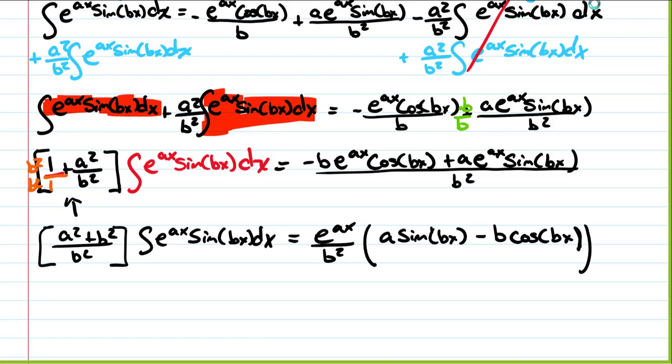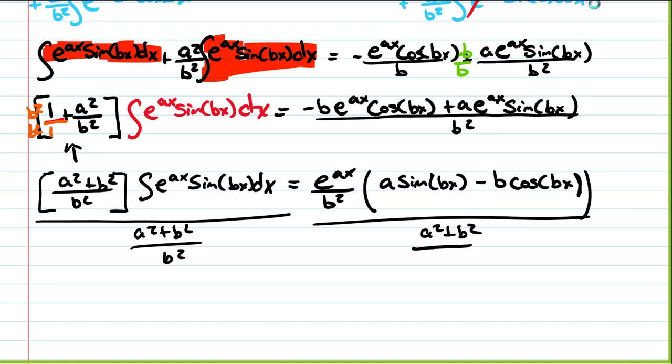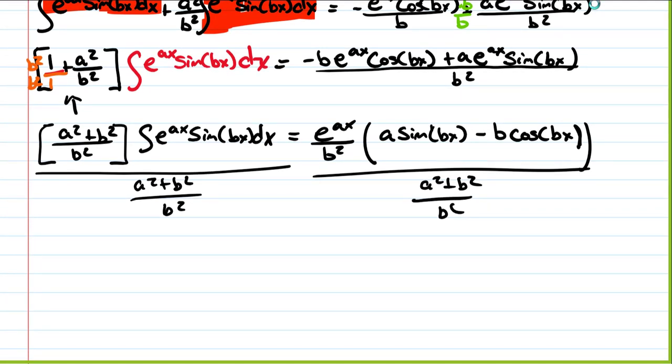So finally, to finish up, we divide both sides by a squared plus b squared over b squared. And when we divide two fractions, it's the same as multiplying by the reciprocal.